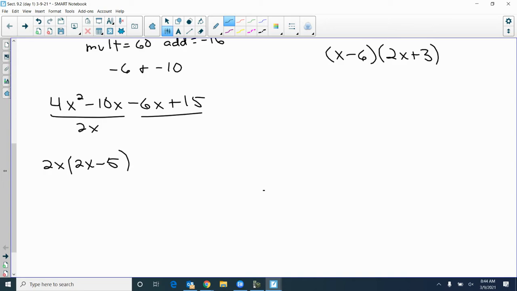All right, GCF, Grant, of the second pair. Negative 3. Good, you do need to include the negative. You want to make it negative 3. And then what happens when I divide by negative 3? 2x minus 5. And so now I get 2x minus 5 times 2x minus 3.